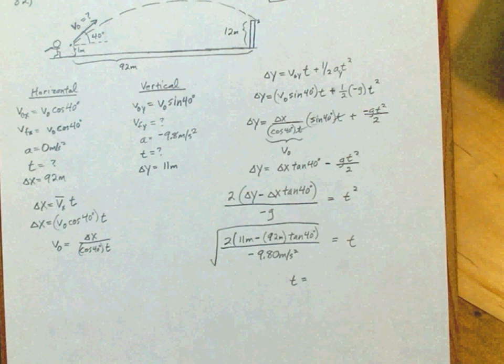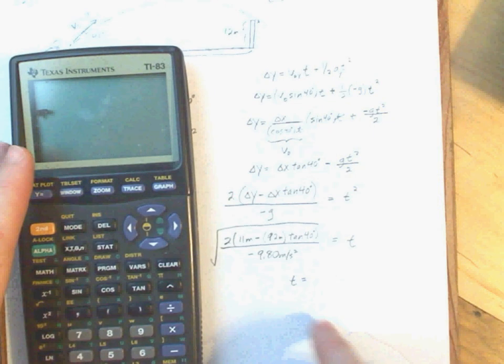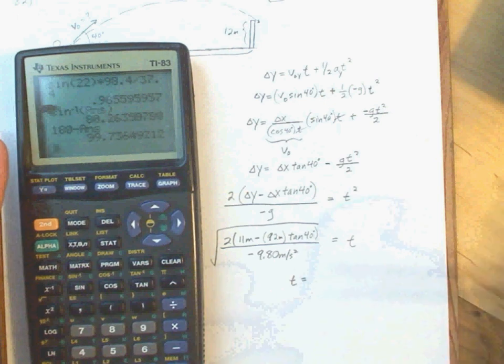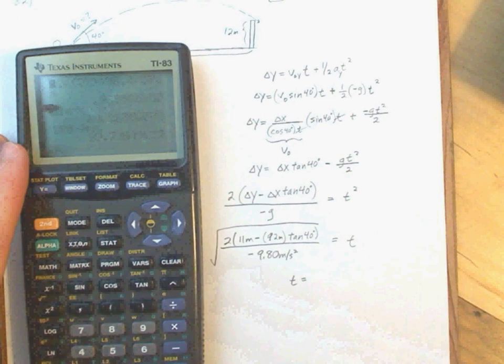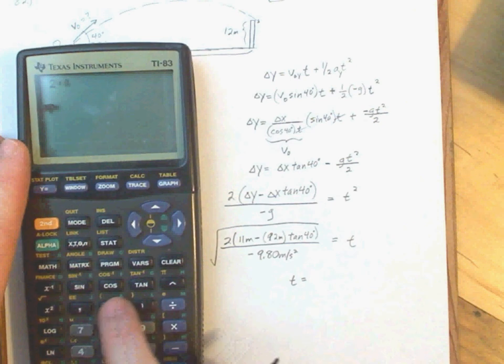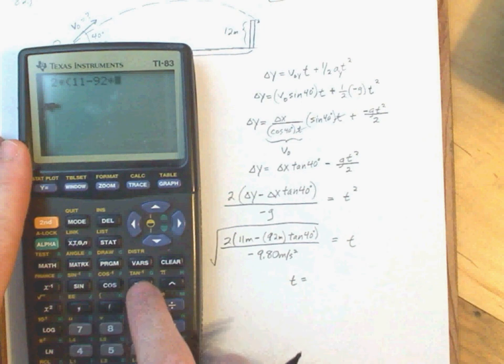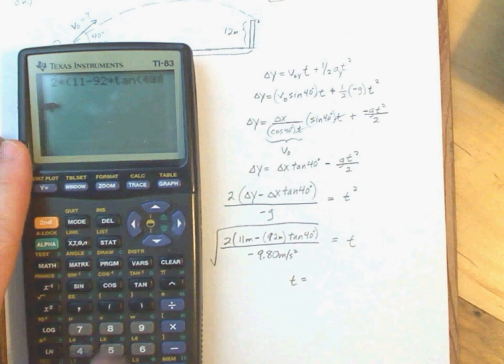So I plug this in my calculator. Looks like I've got answers from other problems. 2 times the quantity 11 minus 92 times the tangent of 40 degrees. Close on my parentheses. I want to divide that by negative 9.8.